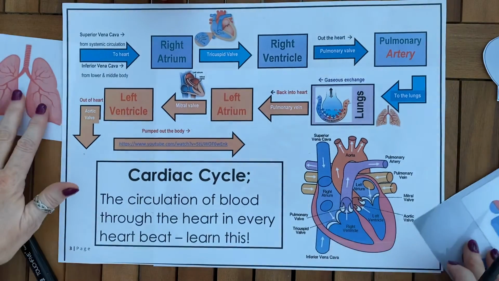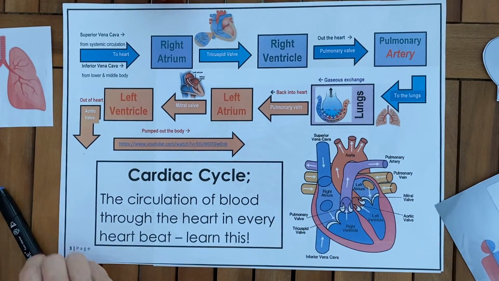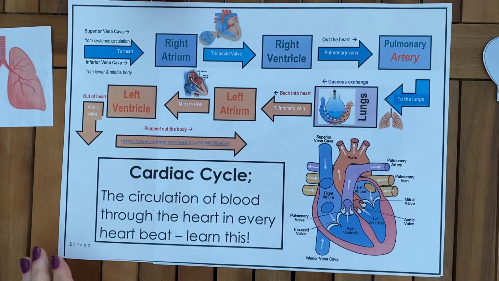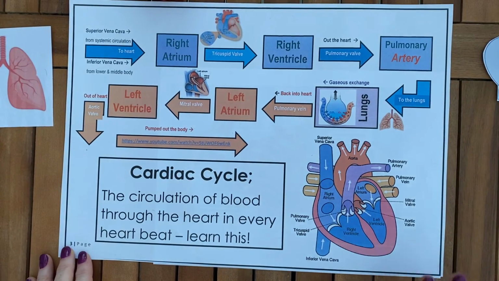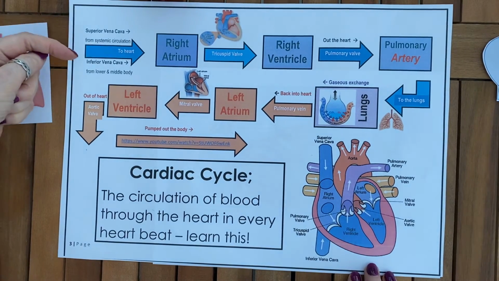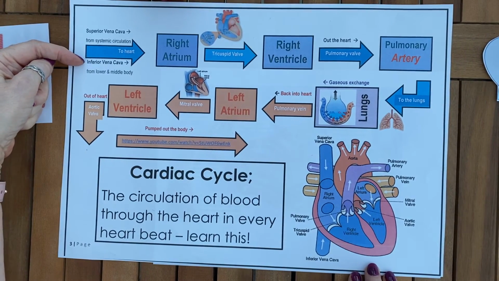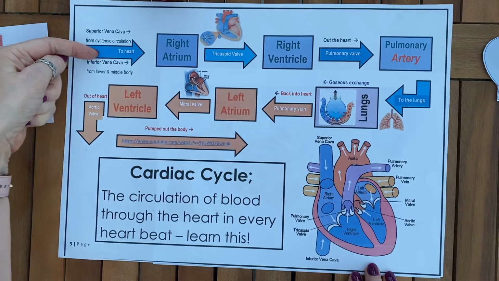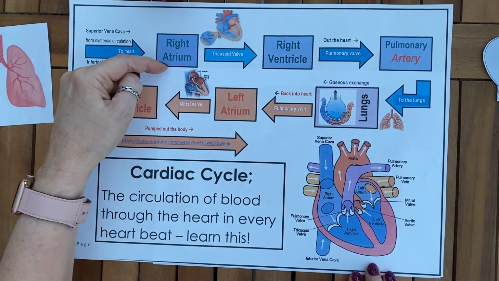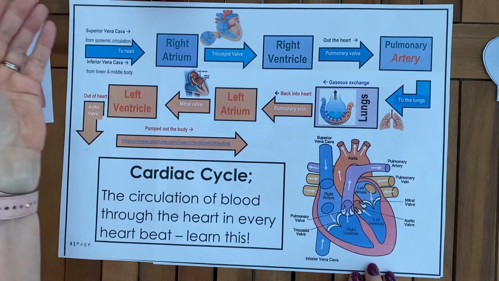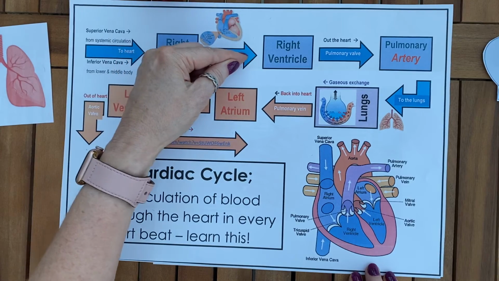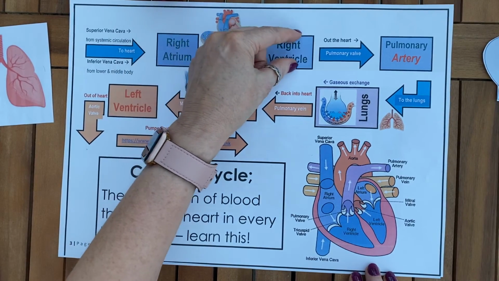Okay, so if we just follow this through again, if you're thinking, oh my gosh, that is really complicated, over time it will make sense, so don't worry about that. Blood is coming from the superior vena cava, the inferior vena cava into the heart, the right atrium, arriving in the right hand side, not your left, okay? It is being squashed and sent through the tricuspid valve to the right ventricle.